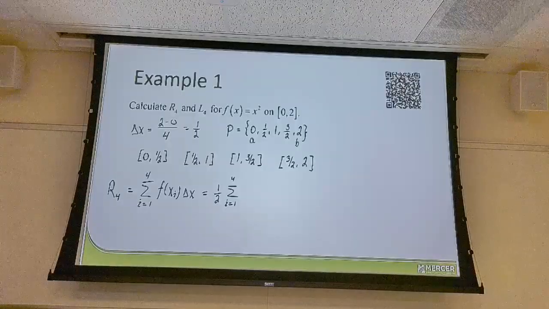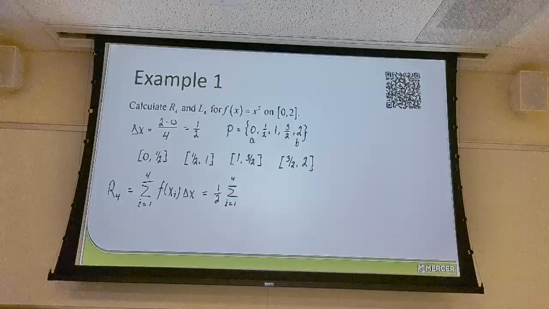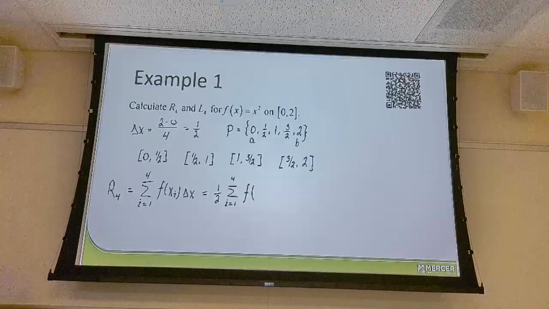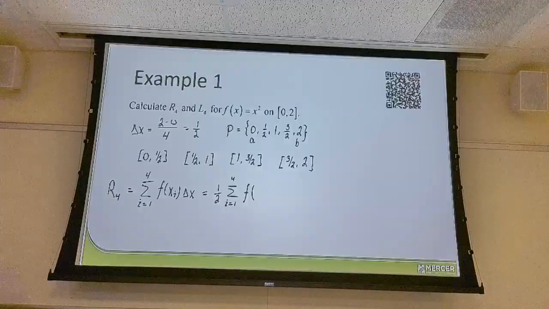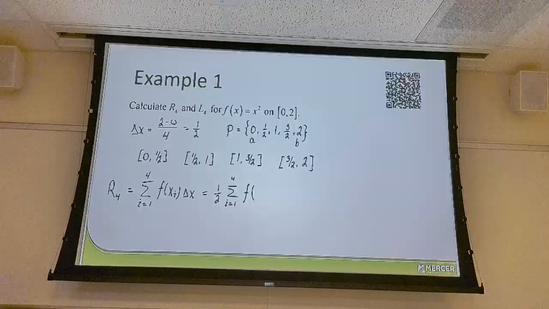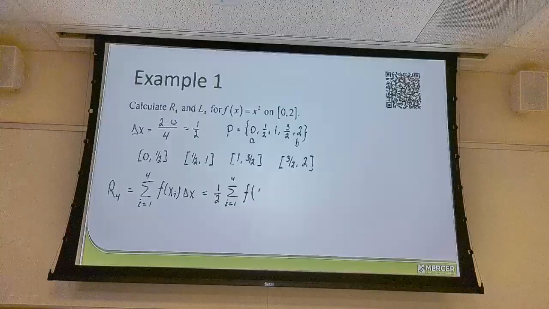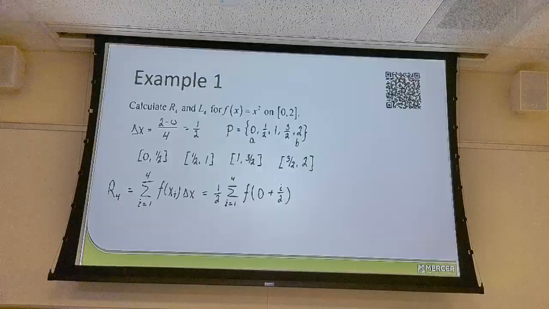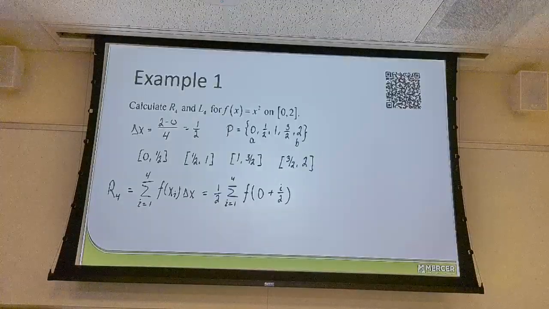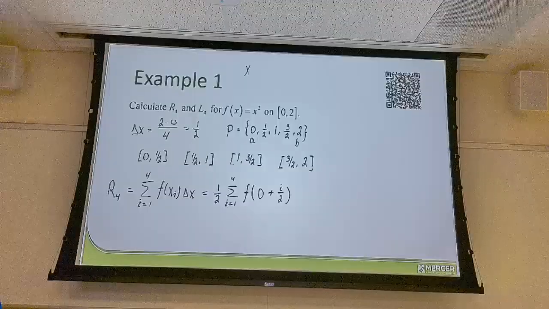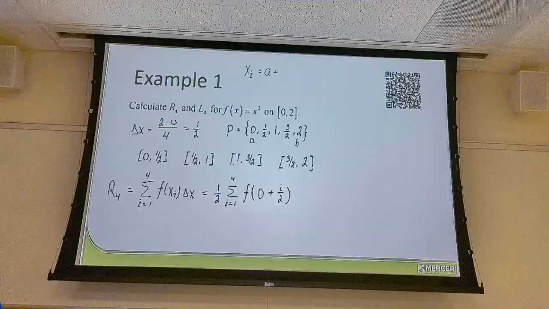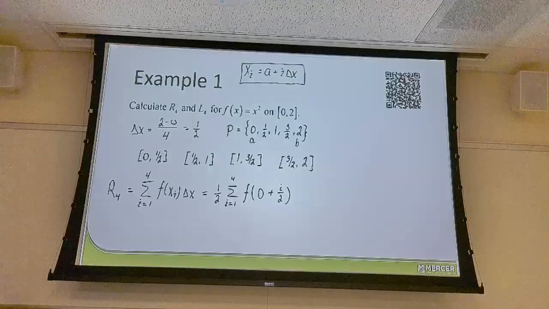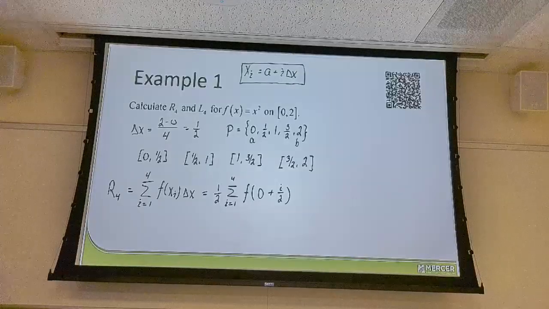So delta x is 1/2. f of x sub i, and we may want to pay attention to this little bit. You will need that for when you code.